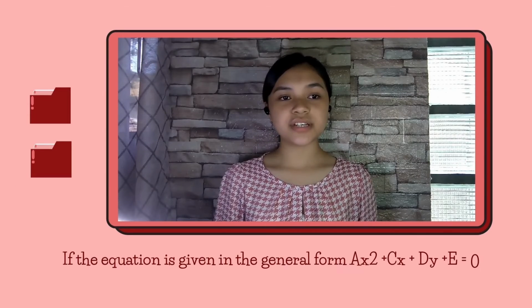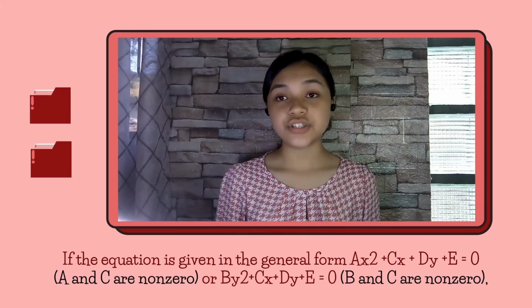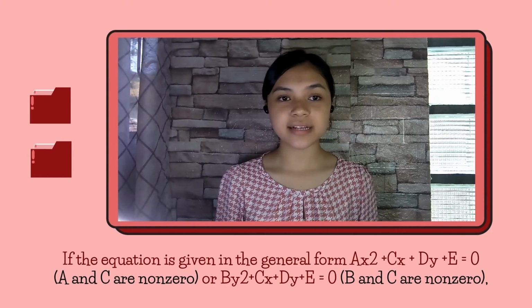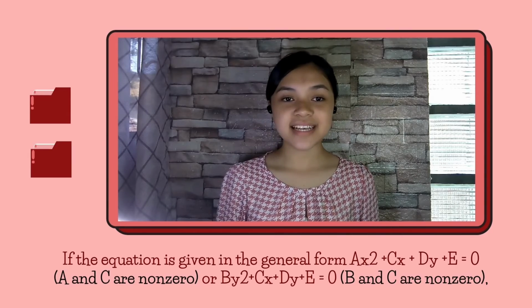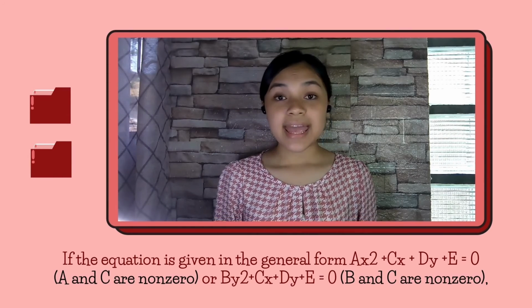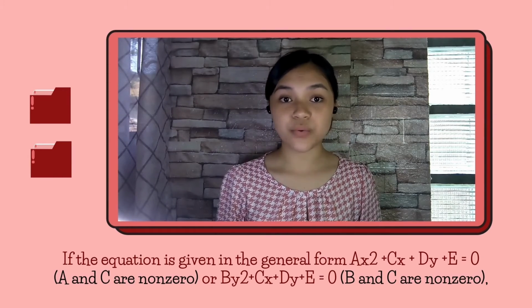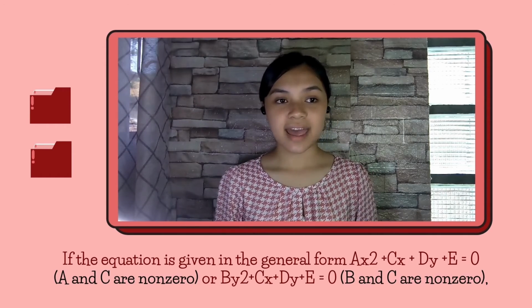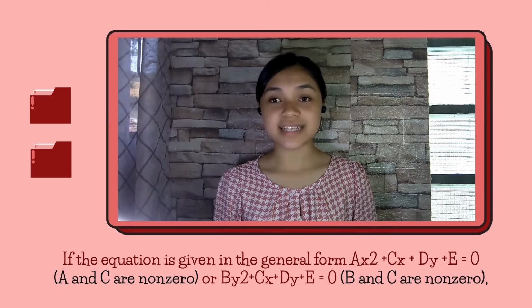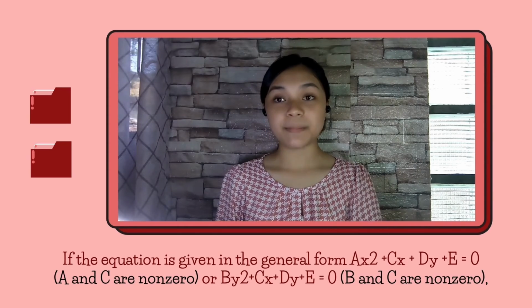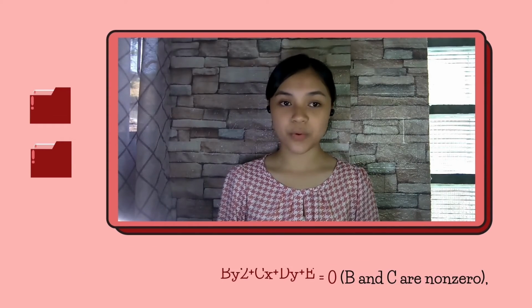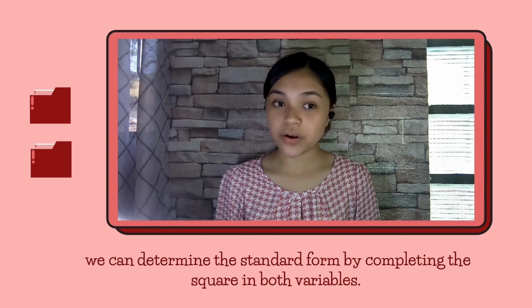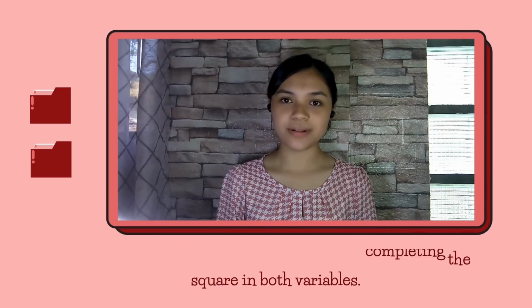If the equation is given in the general form, ax squared plus cx plus dy plus e equals 0, where a and c are non-zero, or by squared plus cx plus dy plus e equals 0, where b and c are non-zero, we can determine the standard form by completing the square in both variables.